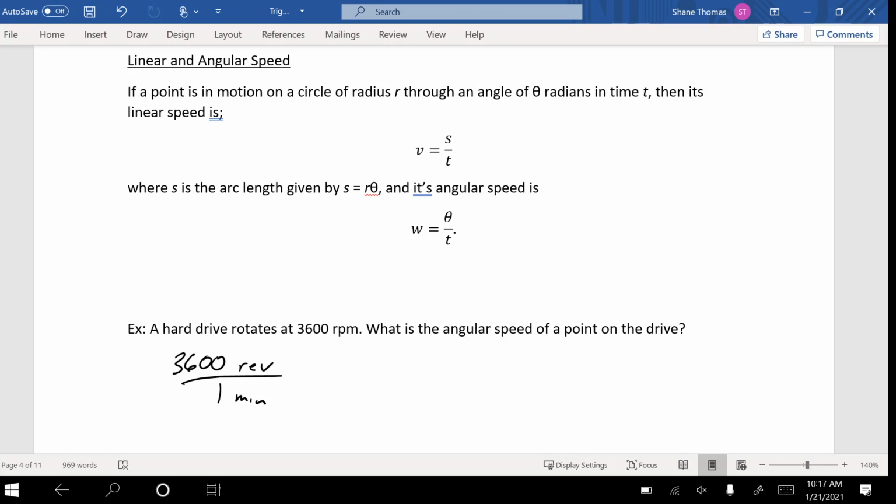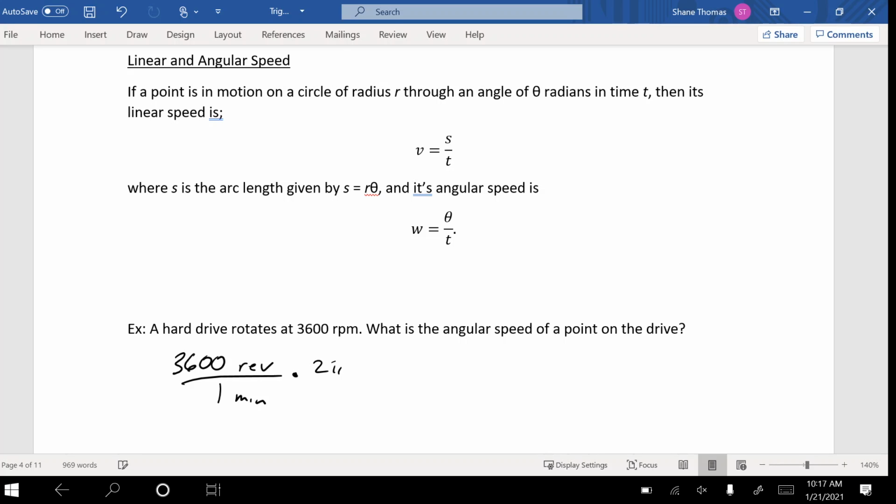Okay. If that is the speed that it's rotating, we just need to change it into radians. If we change it into radians, that's going to be our angular speed, so we're just worried about that angle.